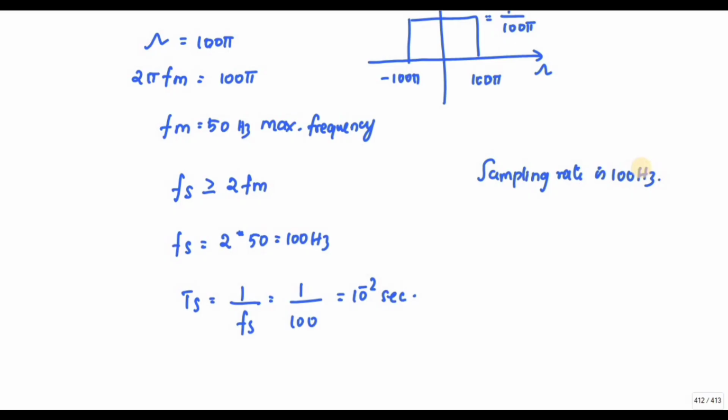So both are the same, and if both are the same, there is no problem. The signal can be recovered, because the sampling rate is 100 hertz, and we can recover the signal.